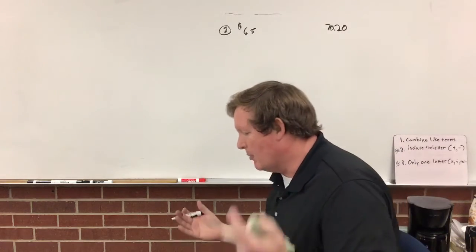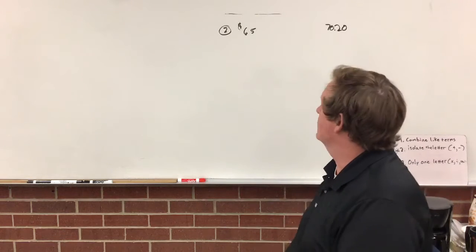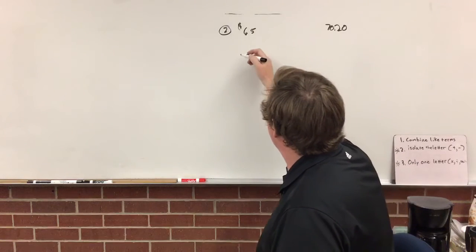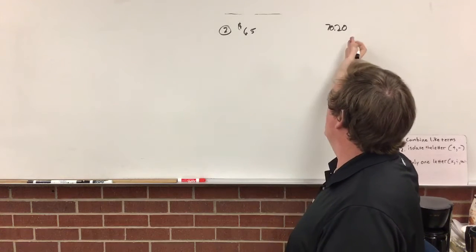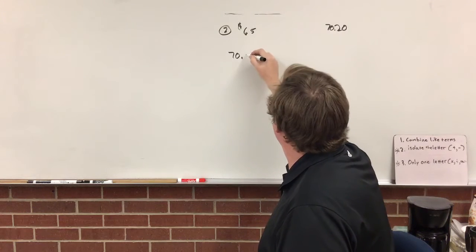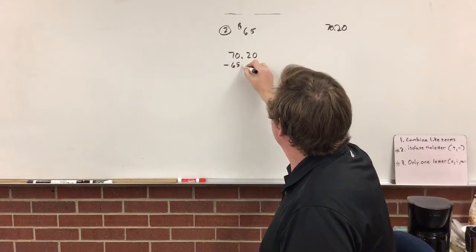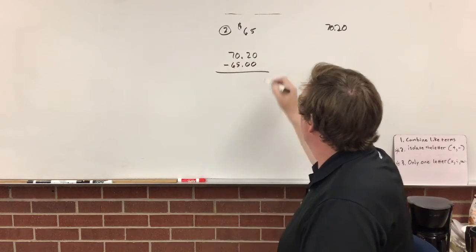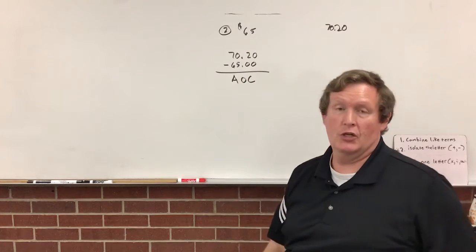So it's like problems number 3 and 4 up in our class exercises. So what we do first is we take the old price and the new price and subtract the smaller one from the larger one. So we start off by taking $70.20 and subtracting $65. That will give us the amount of change.